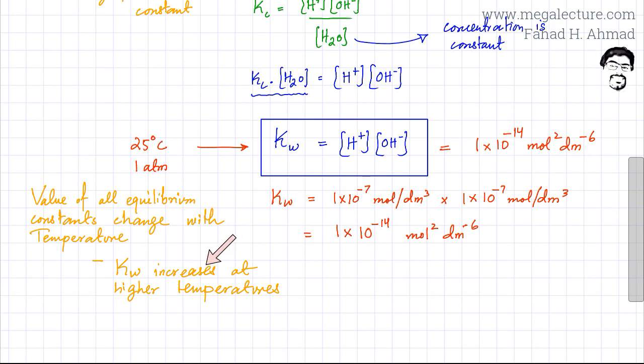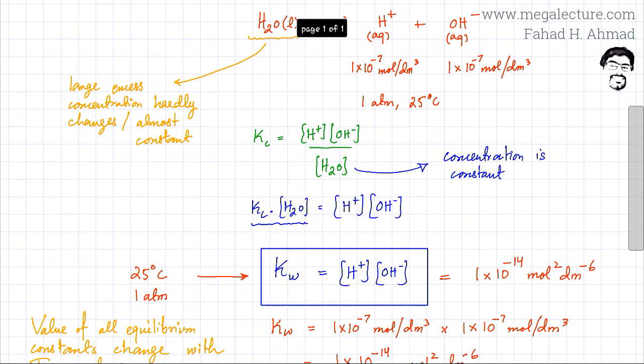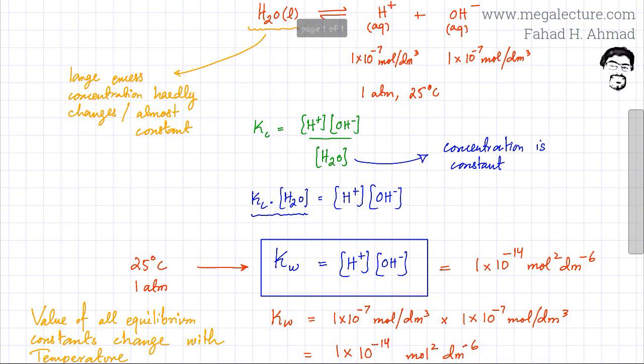Remember, Kw increases at higher temperatures, which basically means that if you increase temperature, for the equilibrium which we had written down earlier at the start, dissociation would be higher. It would become easier for water to get ionized, for water to break its bonds and form H plus 1 and OH ions. So at higher temperatures, there are going to be more products.